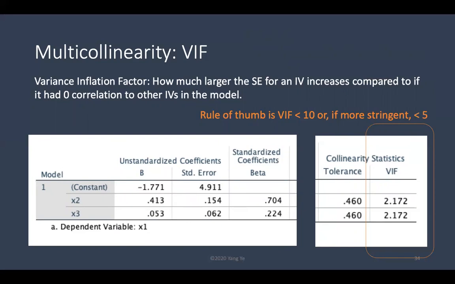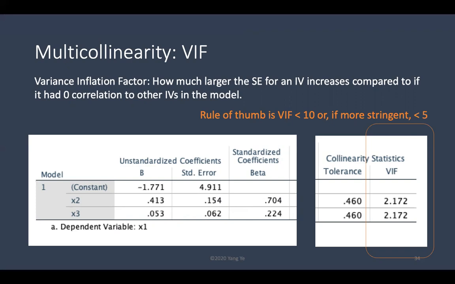That's used as a rule of thumb. What VIF really does is show how much larger the standard error for an independent variable becomes compared to if it had zero correlation to other independent variables in the model. So how much the correlation inflated the standard error.